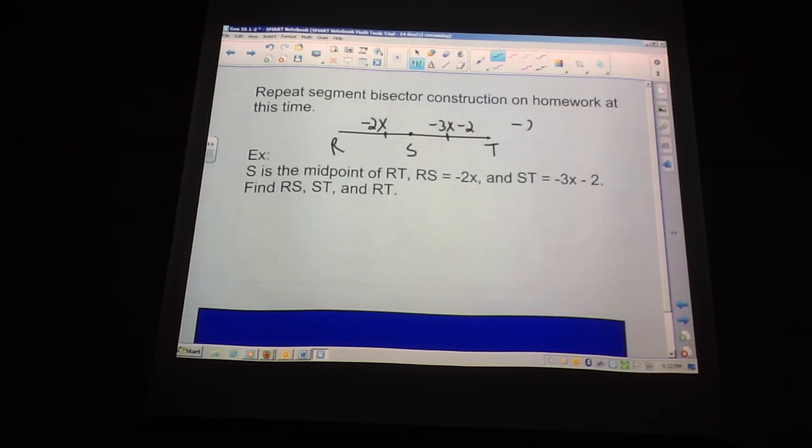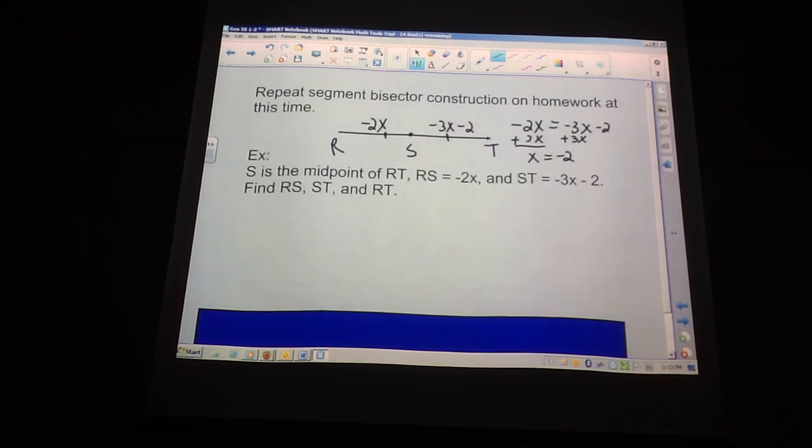So I can say that negative 2x would have to equal negative 3x minus 2. So now we have some algebra work to do again. I'm going to go ahead and add 3x to both sides. That's going to leave me with 1x is equal to negative 2.